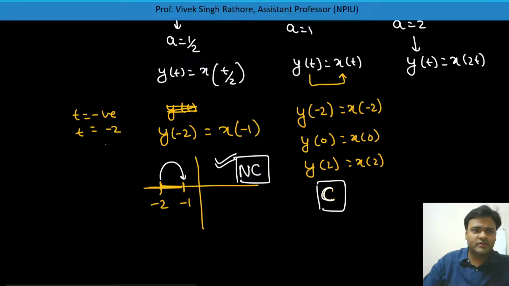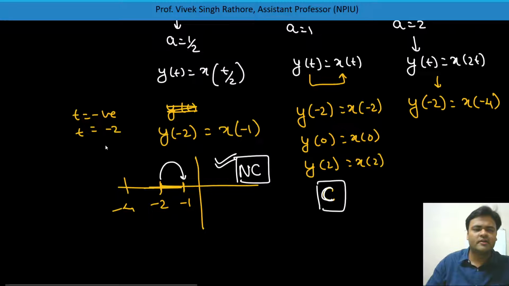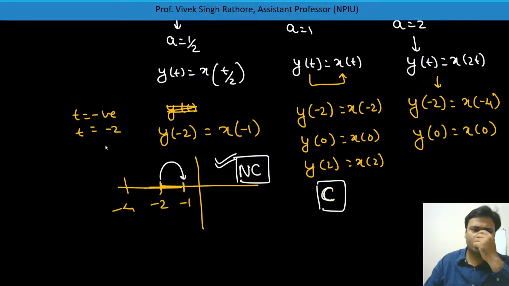Now we'll check for a equal to 2. Here y of minus 2 will be x of minus 4. On the graph, minus 2 is here and minus 4 is here, no problem. For y of 0, we get x of 0 only, so no problem, it is dependent upon the input only. Then y of plus 2 will be x of 4.